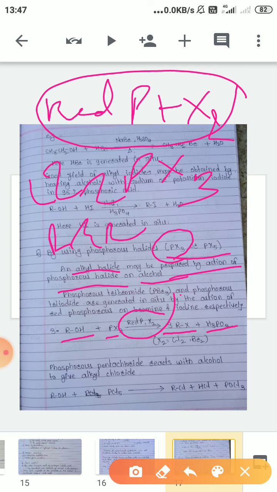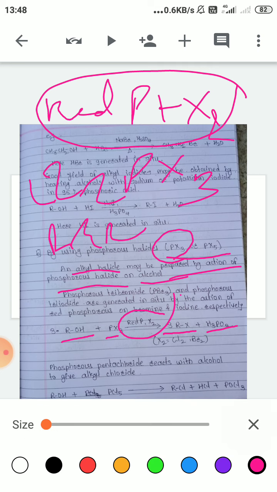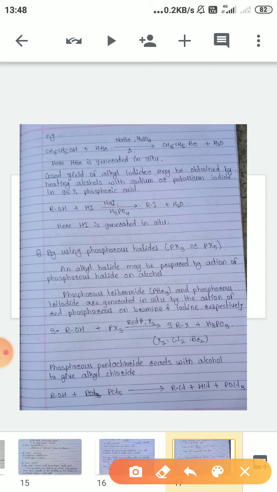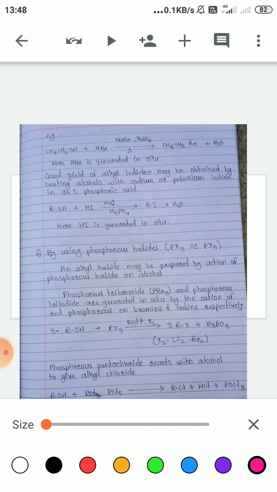By using phosphorus trihalides, just remember the stoichiometry of the reaction: 3 moles of alcohol react with 1 mole of phosphorus trihalide, it gives 3 moles of alkyl halides with phosphorous acid.